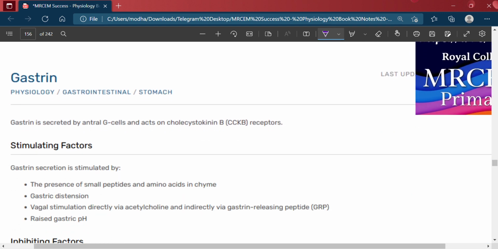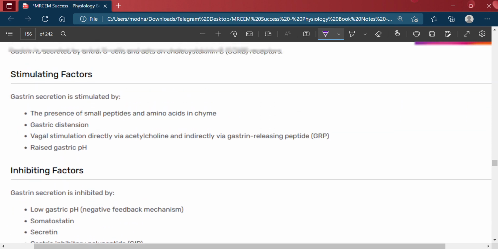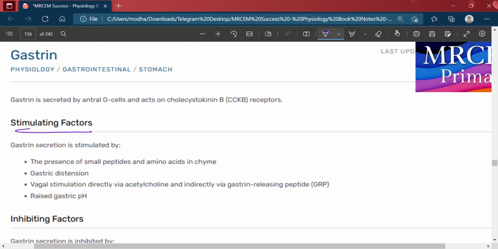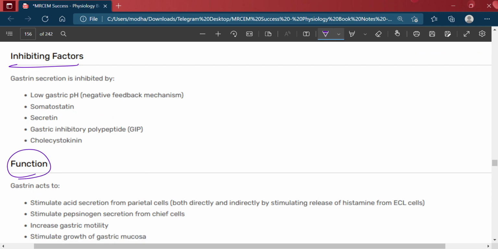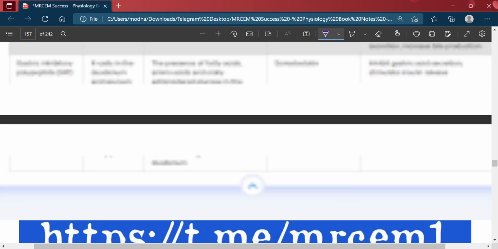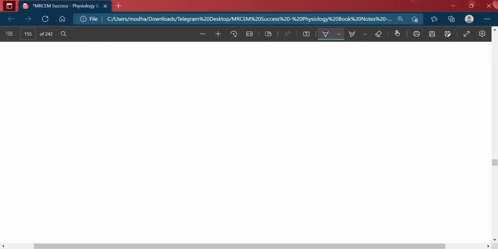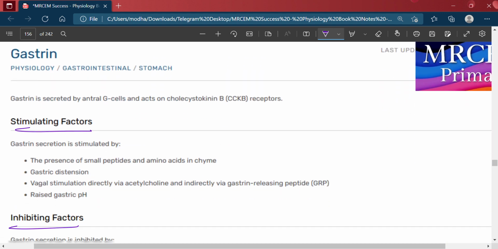Then we'll see gastrin. In gastrin, there is the stimulating factor, inhibiting factor, and the function. Gastrin is secreted by the antral G cells and acts on the cholecystokinin B receptor.